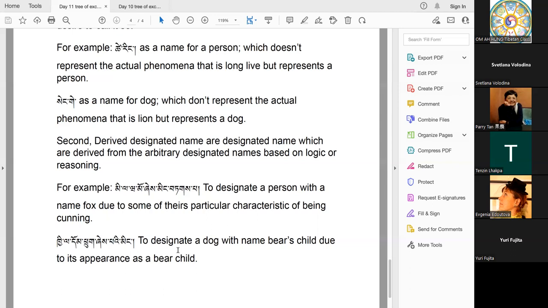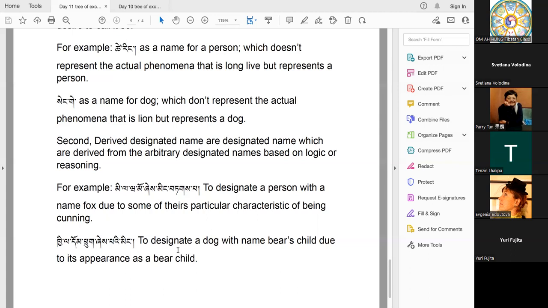So therefore this is also a derived designated name. Why? Because it represents a character of the thing, but it doesn't represent the actual thing. So similar to the fox, we have the term for the pig, and this is how we're using that term. So these are all derived designated names.